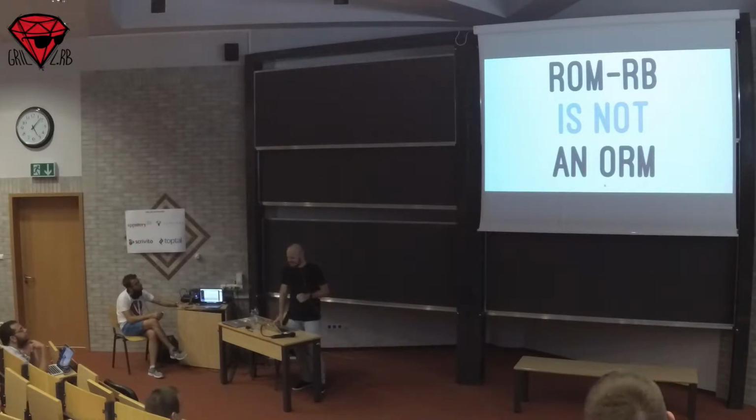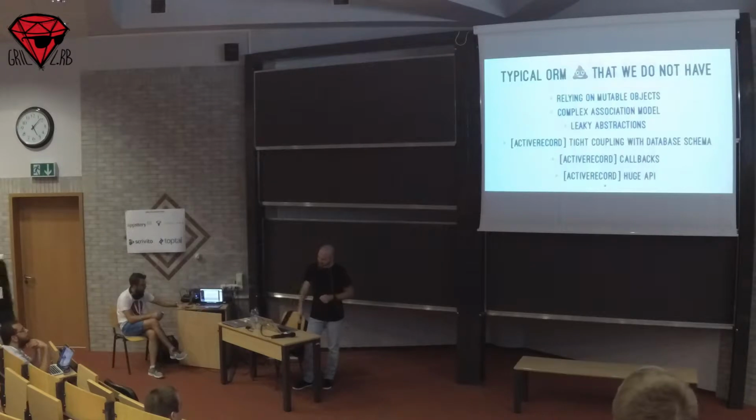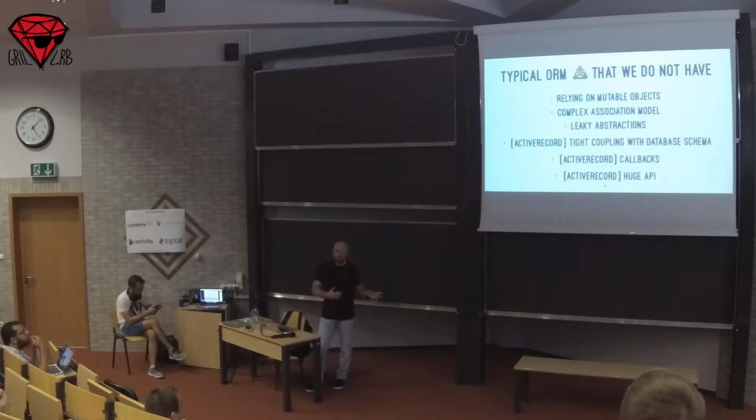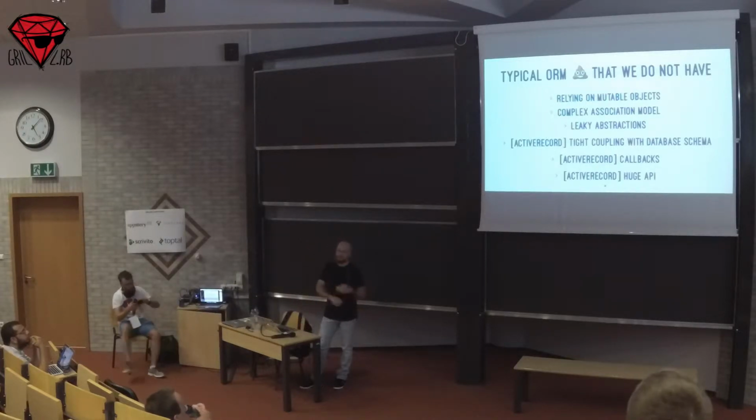That's significant. Seriously though, there's some typical ORM crap that we really don't have. The first thing is that we do not have mutable objects. Like, this concept doesn't exist in ROM. There's no idea of instantiating an object into memory, changing it, and saving it back to the database. We just don't have it.